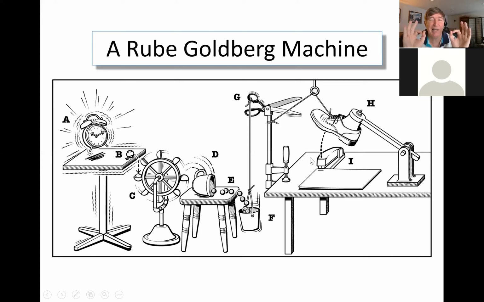So this is a classic example of a Rube Goldberg machine. And so something like this is what I want you to design and build. And I will give you time to do that. The reason I tell you about it now is I want you to start thinking in the back of your mind, even though it's not due for quite a while, what might you do for your Rube Goldberg machine?